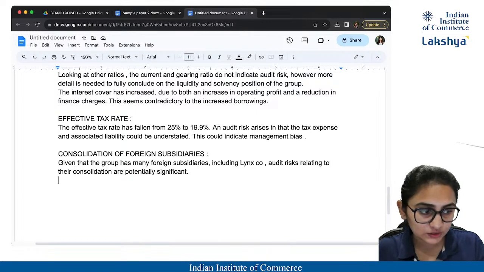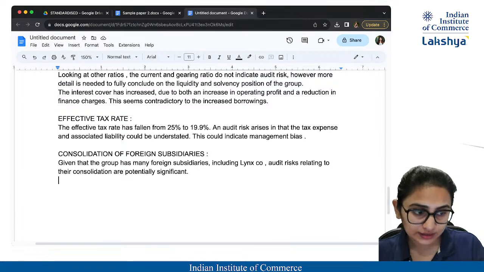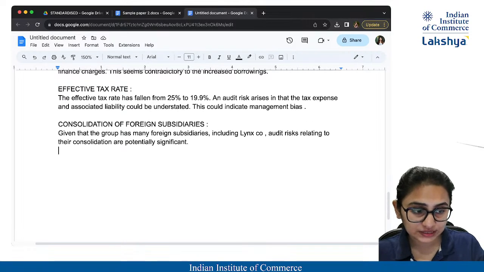So it should be consolidated properly, and you have to check the materiality of Links, and if Links is material, then you have to have that as a significant component of the group.